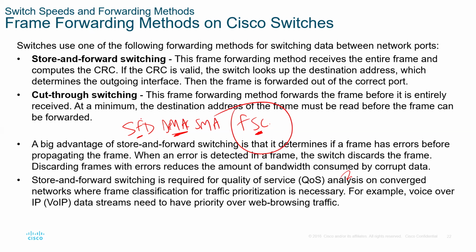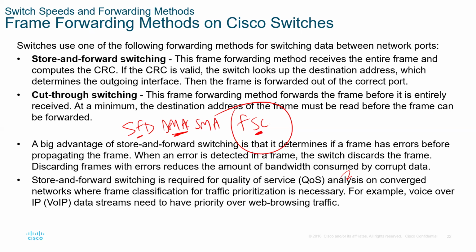So with store and forward, there is checking and verification of data integrity. Then the frame is forwarded, with advantages coming for error detection. It also enables some quality of service features. We'll discuss QoS, very important.